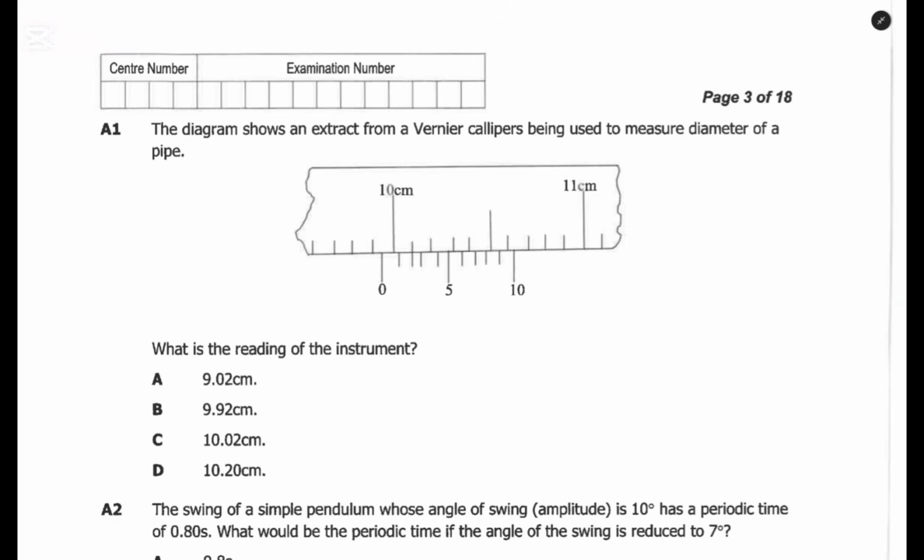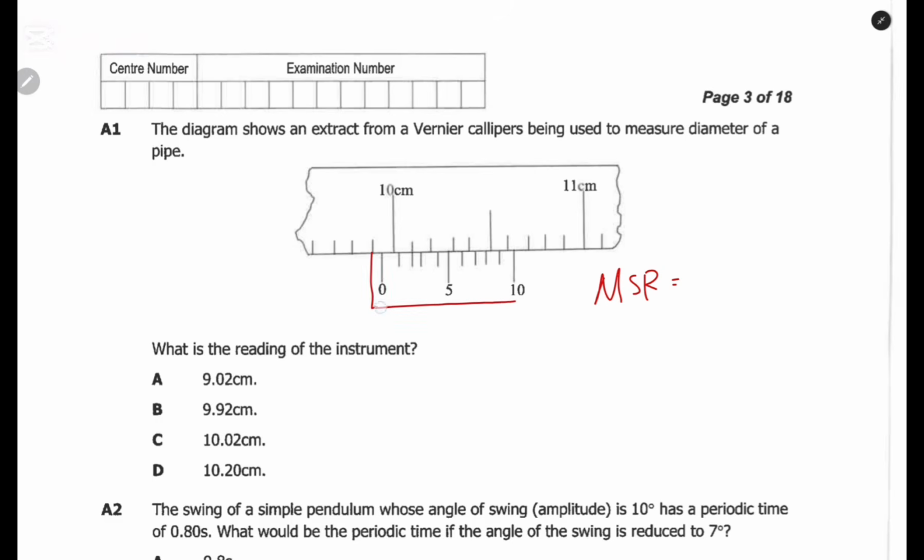So how do you get the reading on the Vernier calipers? You need to find the main scale reading, which you pick immediately before the Vernier scale. The Vernier scale runs from 0 to 10.